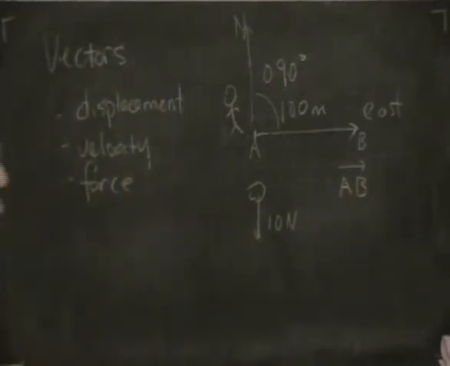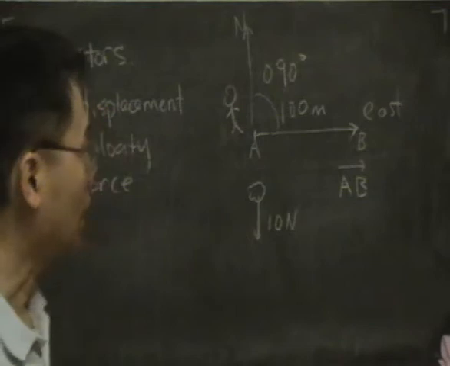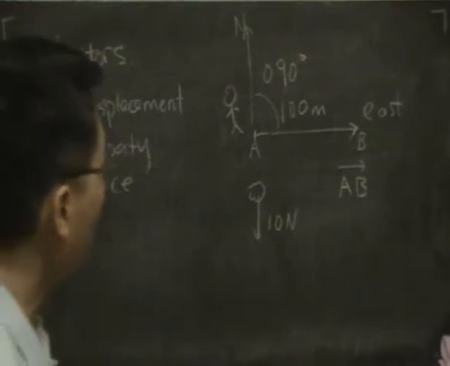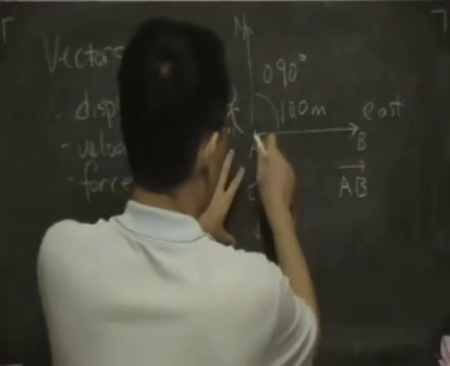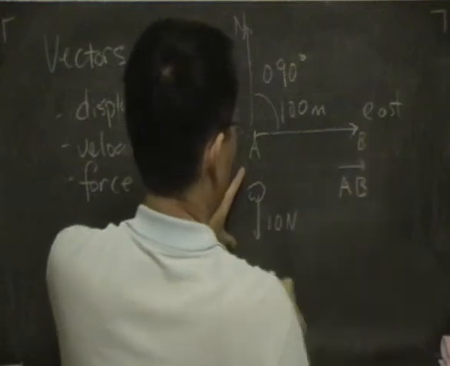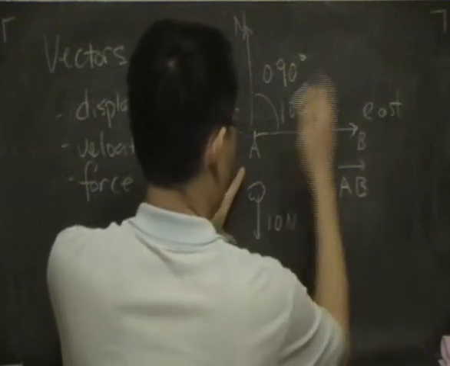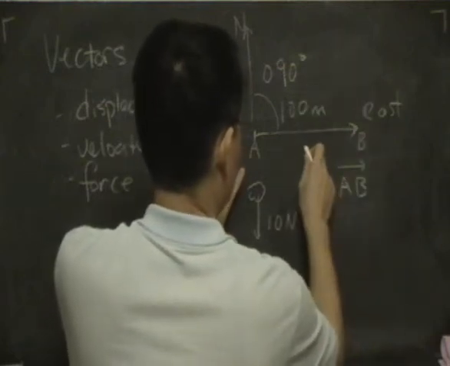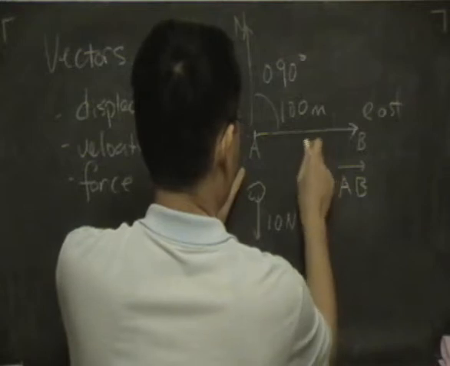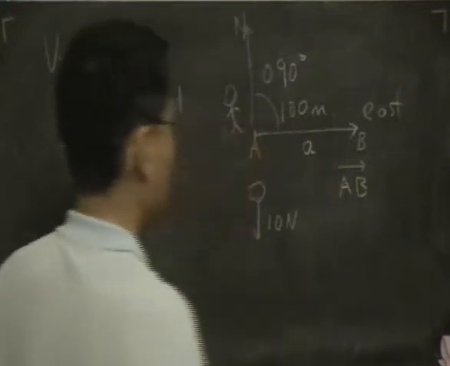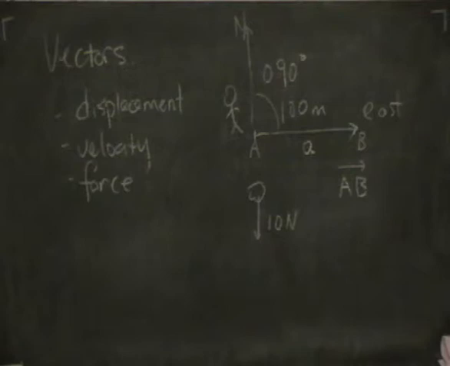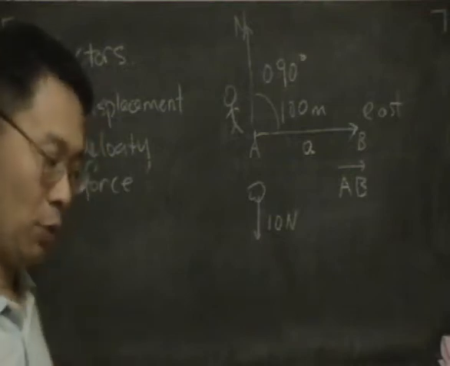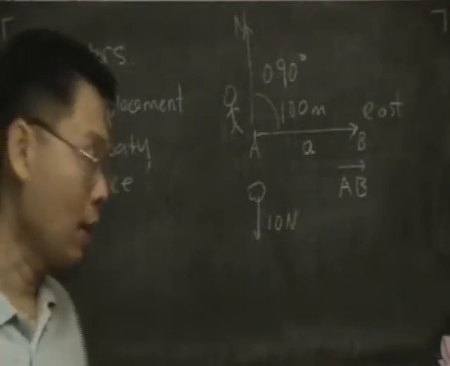Now there are other ways to represent this vector. I can simply call this whole arrow, I can simply represent it by say a symbol like little a, for example.